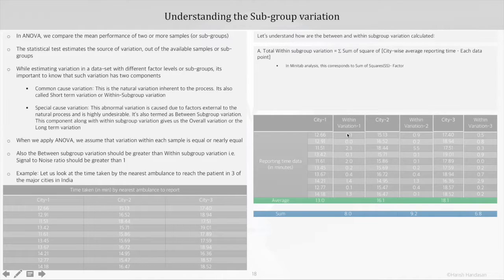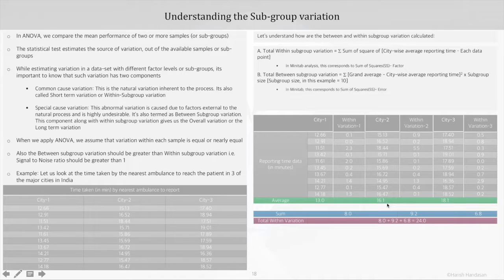Then we sum up these columns to get the sum of squares for individual factor levels. And the sum of these individual columns or factor levels for within variation will give us the total within subgroup variance.